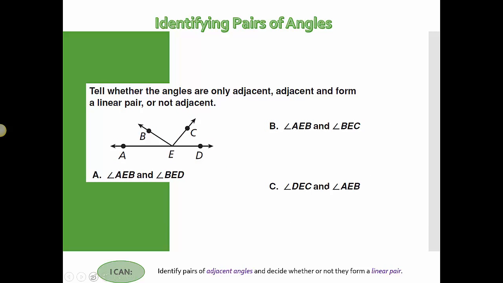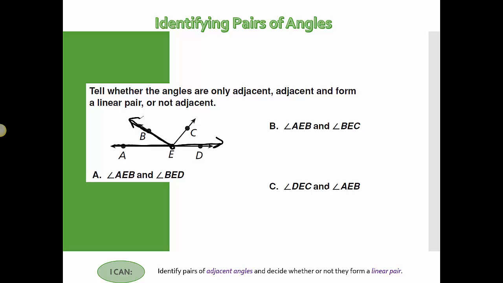So we're going to tell whether or not the angles that they give us here are only adjacent, or whether they're adjacent and form a linear pair. So let's look at angles AEB. I'm going to trace that out. Angle AEB, that's there, and angle BED, that one's there.